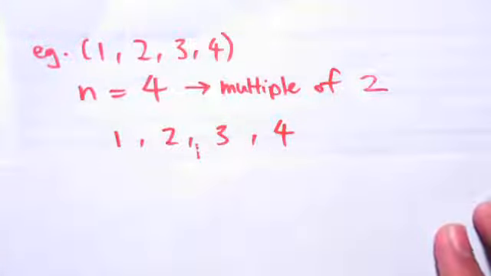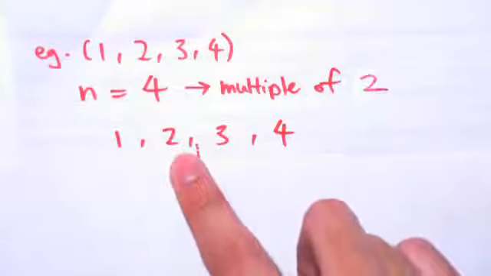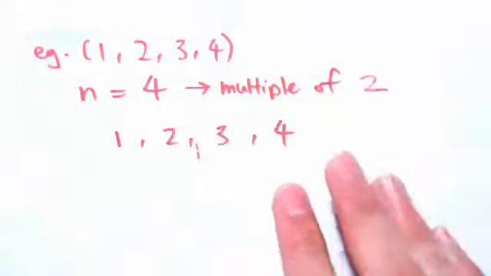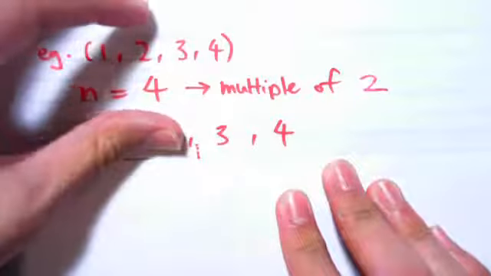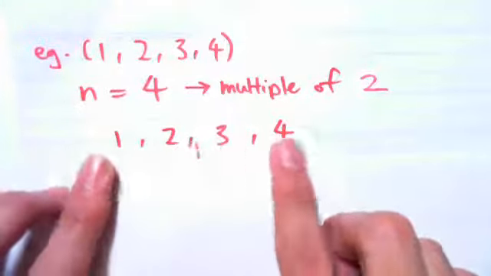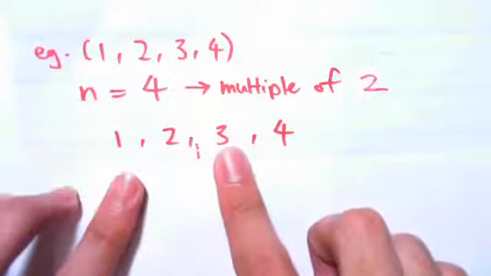The median here isn't 2 or 3 because, for example, let's say you use 2. The left-hand side of 2 is only 1 number, and on the right-hand side of 2, there are 2 numbers. You can see that the amount of numbers on both sides of 2 aren't the same, and same thing with the number 3. So therefore, 2 and 3 cannot be our median.